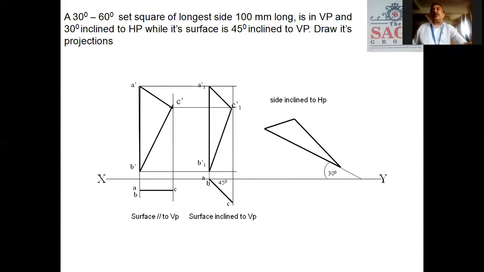This is the position with the side inclined to HP. And now name it, project it, locus from the previous view, get the intersection points, name them, and join them.